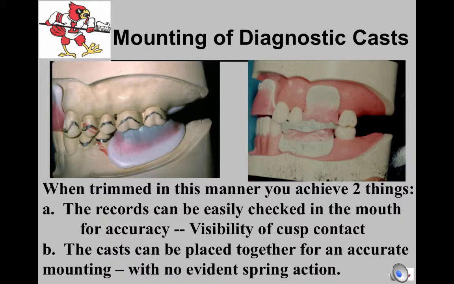The casts can also be placed together for an accurate mounting with no evident springy action. This is extremely important when you're using polyvinyl siloxane. If that material wraps all around the teeth, one, you can't even see, but two, you get this springing action and your mounting is off.